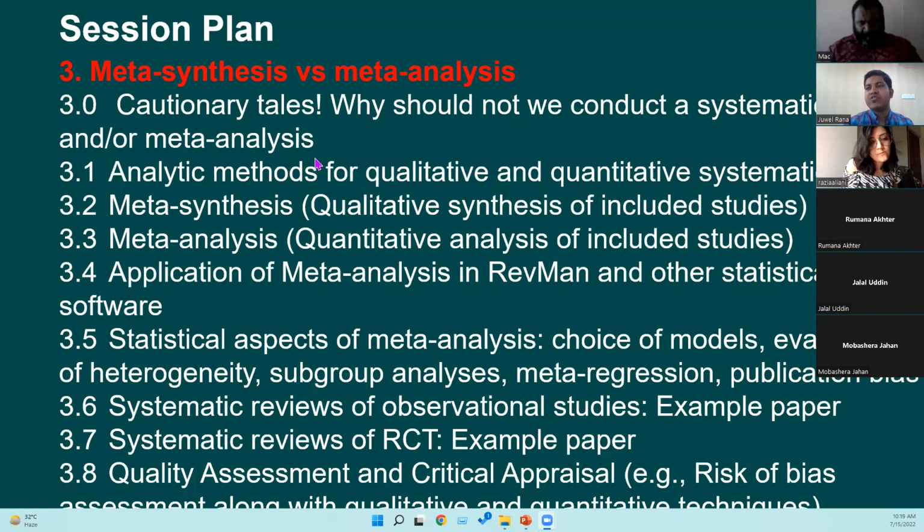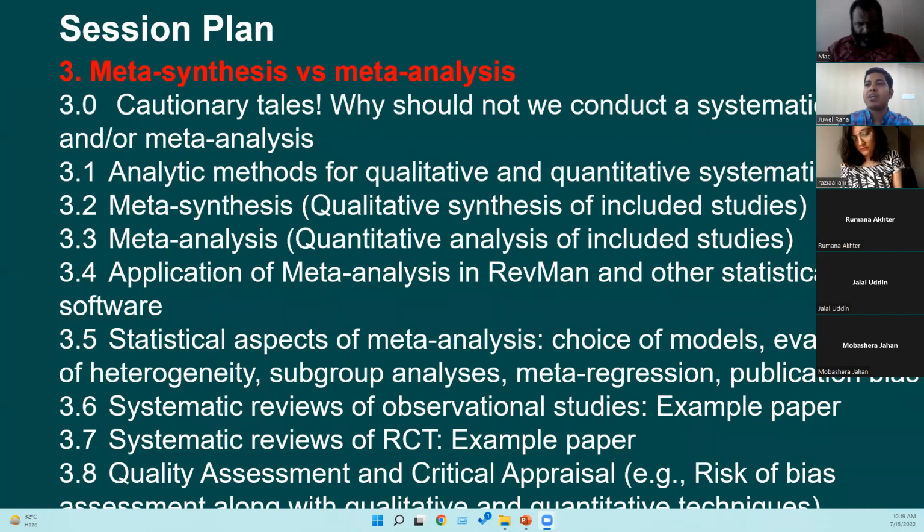Great. Okay. So now we know that we can do a meta-analysis with our systematic review, because it's not always necessary to do a meta-analysis, and it's not always feasible or possible if we are doing a systematic review. That's why you see it's a systematic review and meta-analysis.